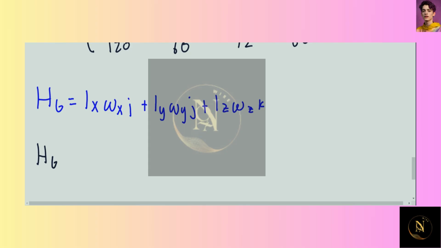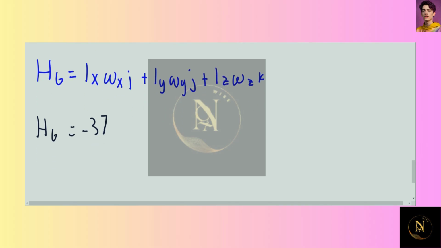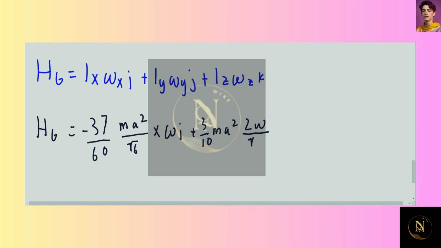So h of g is going to be equal to negative 37 divided by 60 times m times a squared divided by the square root of 6 times the angular velocity i, plus 3 over 10 times m times a squared times 2 times omega divided by the square root of 6 j, and then minus 37 over 60 times m times a squared times omega over the square root of 6.